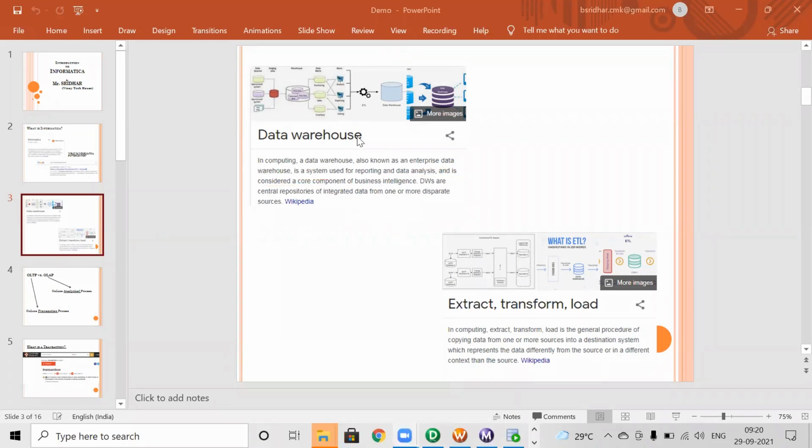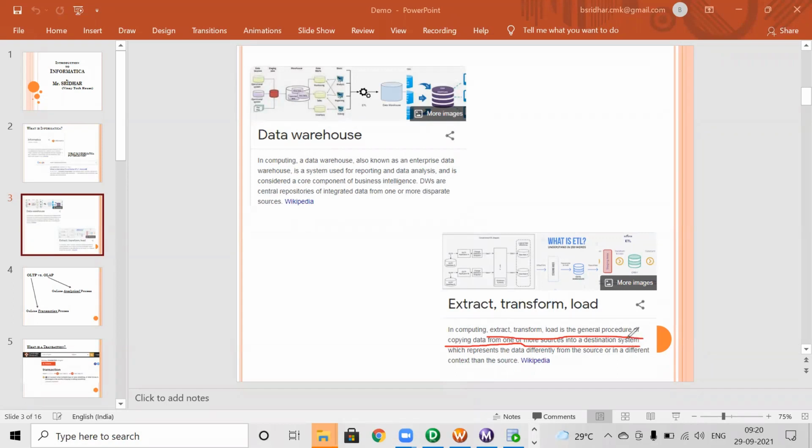Now we have seen another word also, ETL. So now let us try to understand what ETL is. In computing, extract, transform, load is a general procedure of copying data from one or more sources into a destination system.